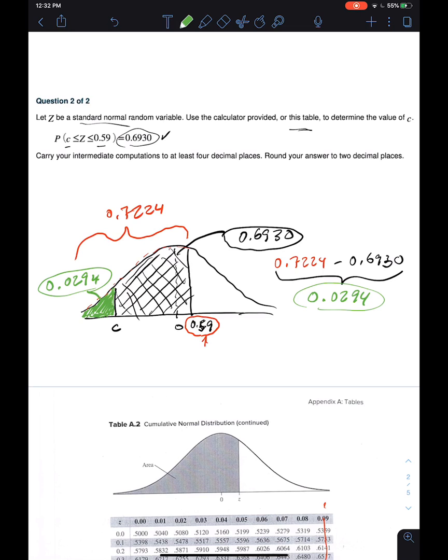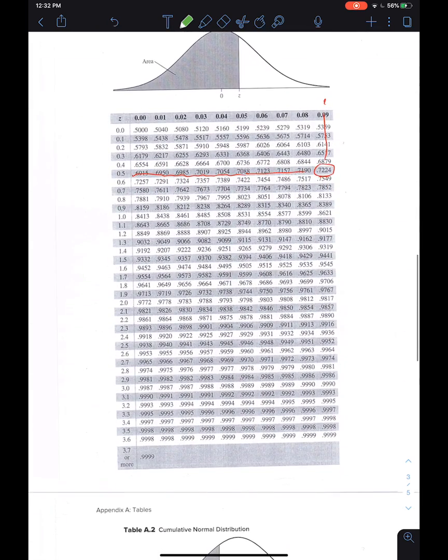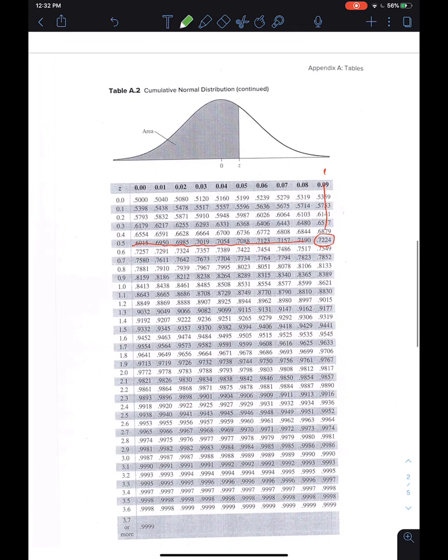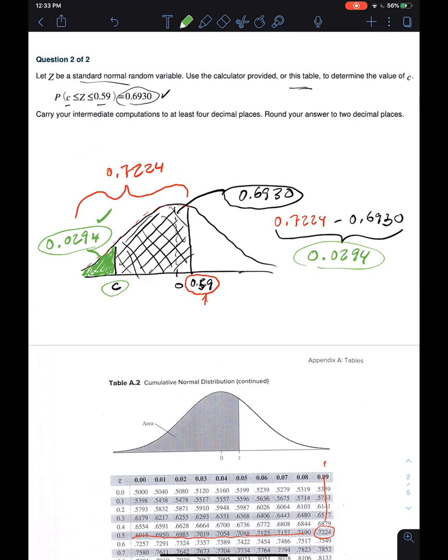Now, if I want to figure out what z-score goes with that, I can just look that up in the backwards fashion again, right? Look up, find the area closest to that, and then find its located z-score. Notice this is on the right-hand side, so these areas are going to be bigger than 0.5, and we want something much smaller, 0.0294.